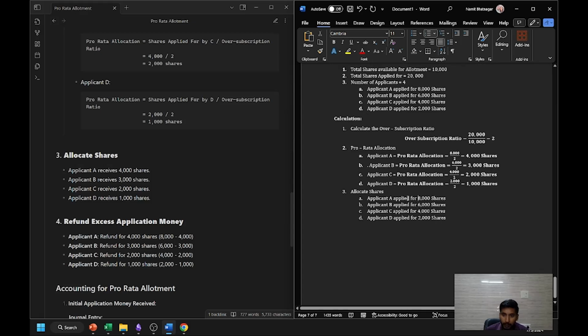In the third step, we will allocate the shares. How many? 4,000 to A, 3,000 to B, 2,000 to C, and 1,000 to D.